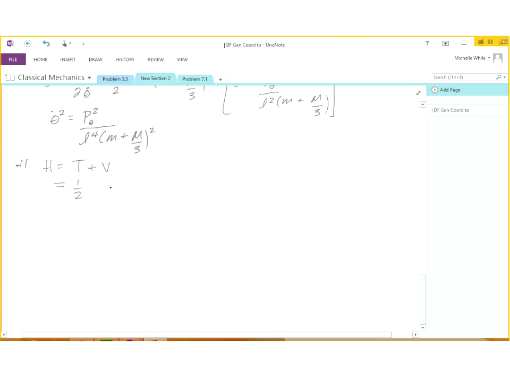We have 1/2 L squared theta dot squared times m plus the rod term, minus gL cosine theta times m plus m over 2. This is where we're going to make our substitution.